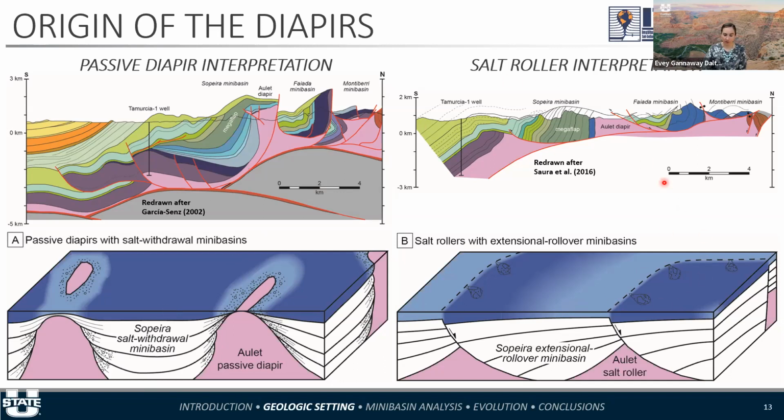Now go to the other side of our slide and we see our salt roller interpretation. So here we're invoking subsidence primarily by gravity-driven extension above salt. So Aulet diapir evolving as a salt roller with the flanking Sopera extensional rollover mini basin to the south.